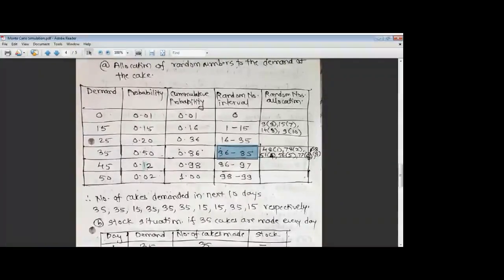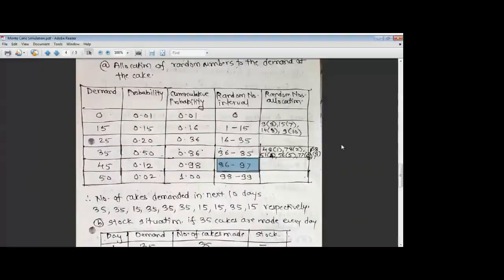Next the probability is 12, and we go for 12 random numbers starting from 86. If you count the numbers, it is 86, 87, 88, 89, 90, 91, 92, 93, 94, 95, 96, and 97.